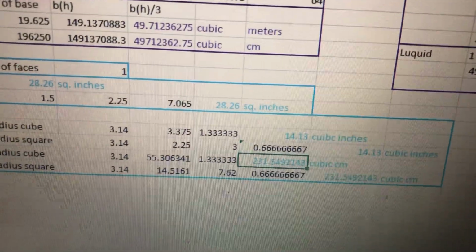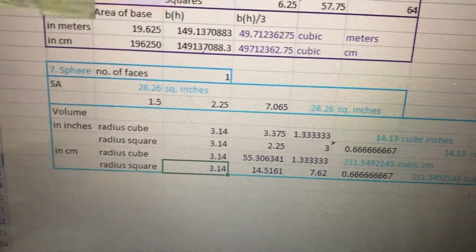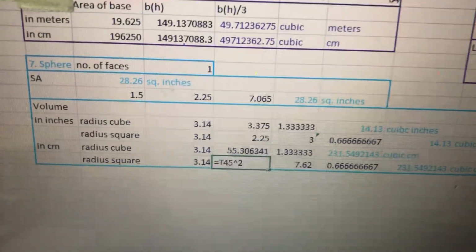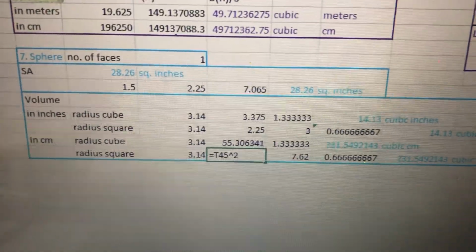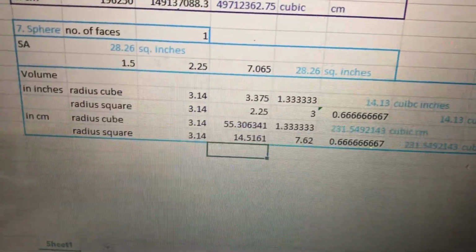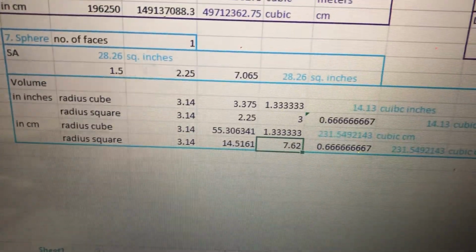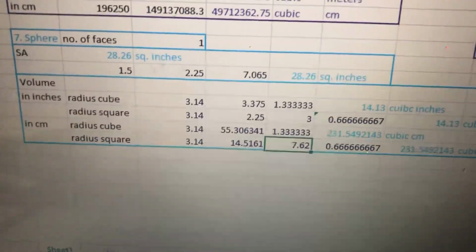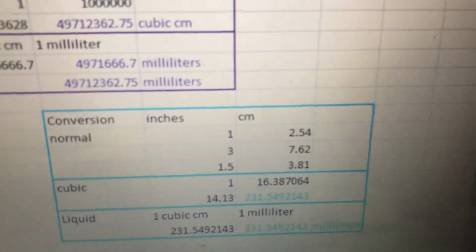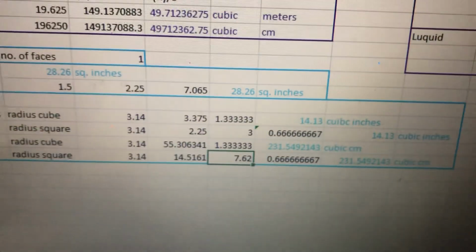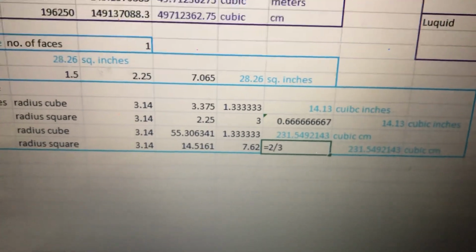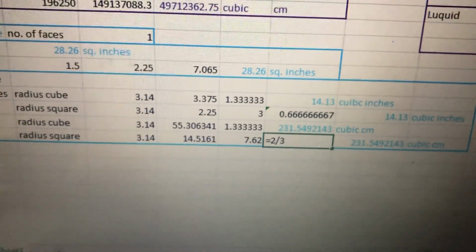Now, if you were to use the alternative version, again, ito yun. Tapos, squared ko. So therefore, it's 3.81 squared. And then, multiply it with the diameter. The diameter is 3 inches, but converted to cm becomes 7.62. And then this becomes 2/3.